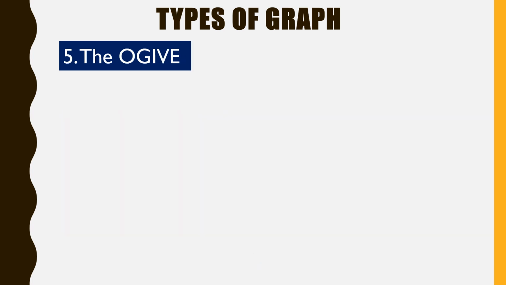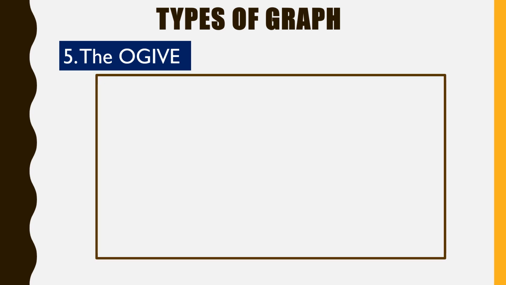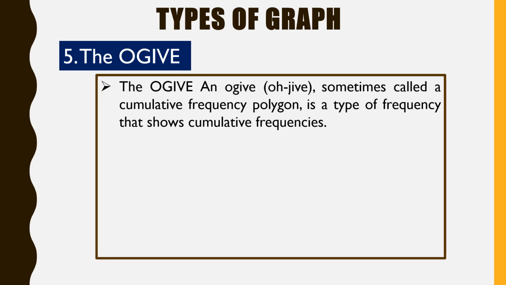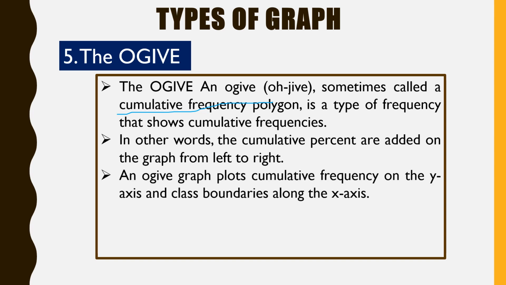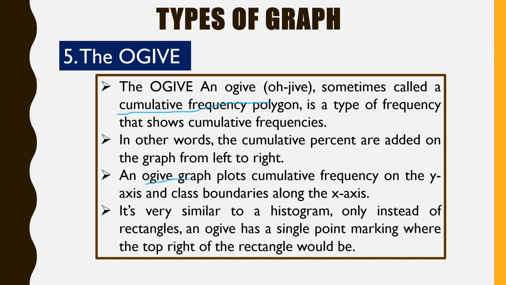And the fifth type of graph is the ogive. The ogive, sometimes called a cumulative frequency polygon, is a type of graph that shows cumulative frequencies. In other words, the cumulative percent are added on the graph from left to right. An ogive graph plots cumulative frequency on the y-axis and class boundaries along the x-axis.